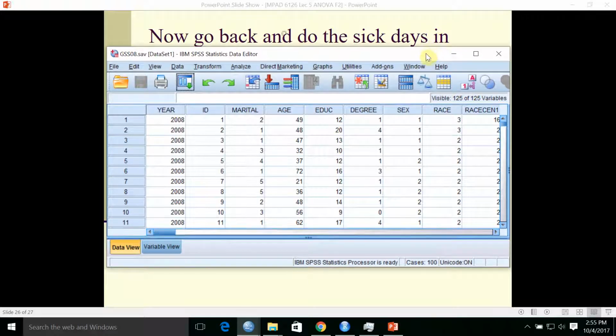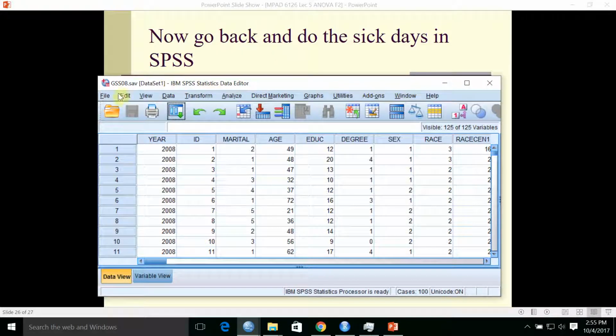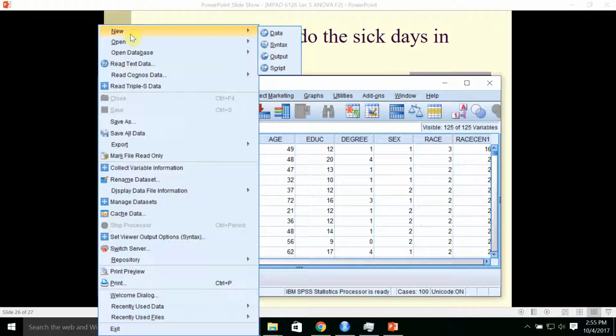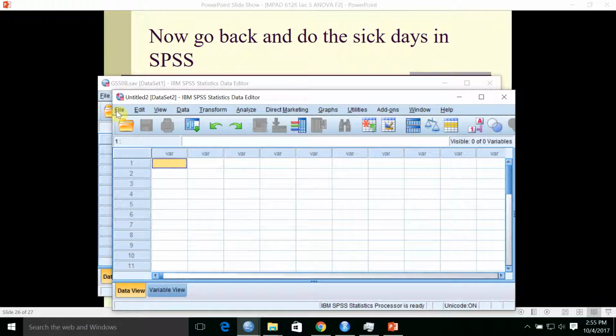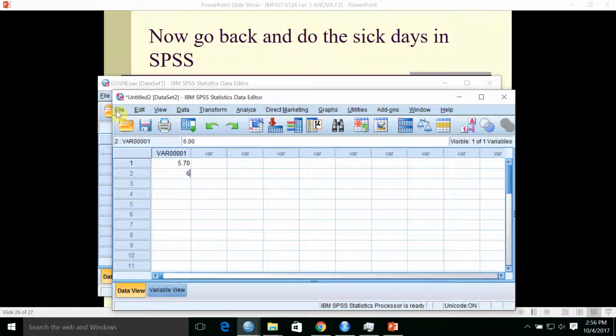If you want to have a new data set, you click New and Data, and then type in your sick days. 5.7, 6.0, etc., etc. Change the name here.